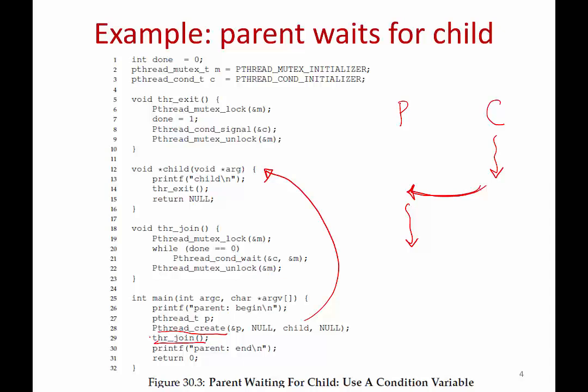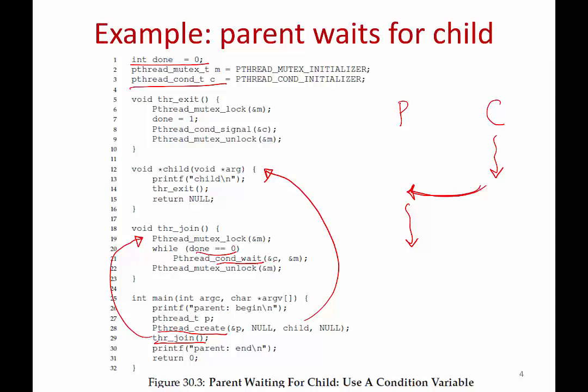What does this function join do? This join basically checks, is the child done? Otherwise it will wait, right? So you have a pthread condition variable declared here, and you have this common variable done here. What is the parent doing? The parent thread is waiting. It checks if done is 0, that is, the child is not yet done. The parent will simply wait.